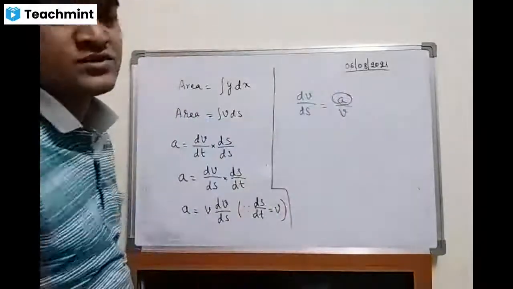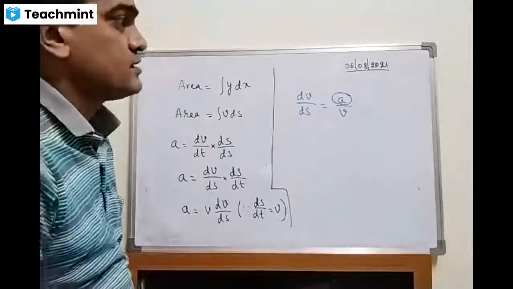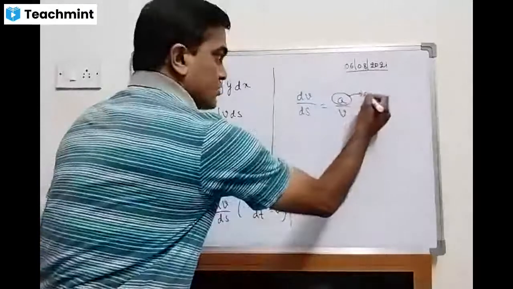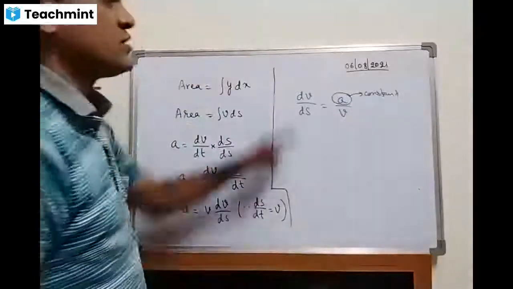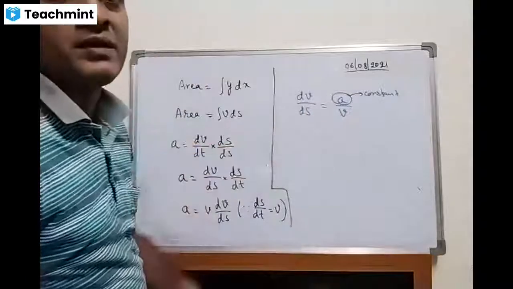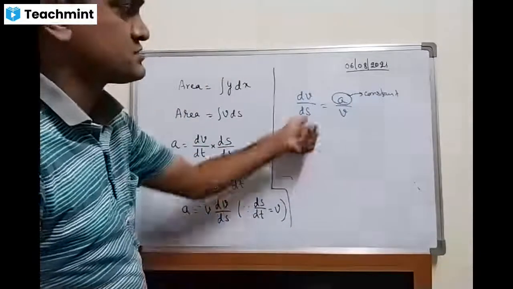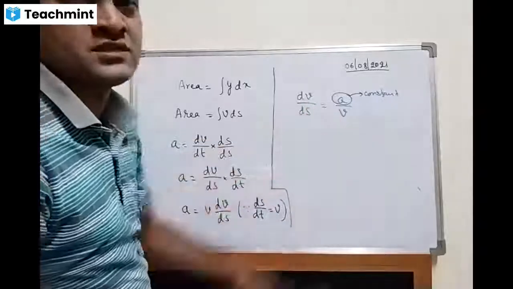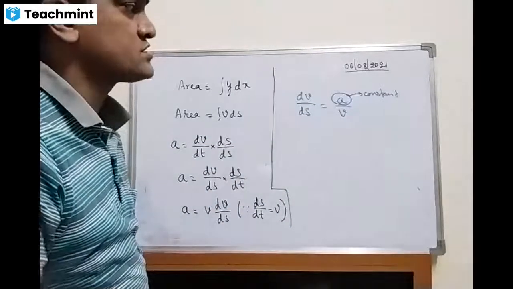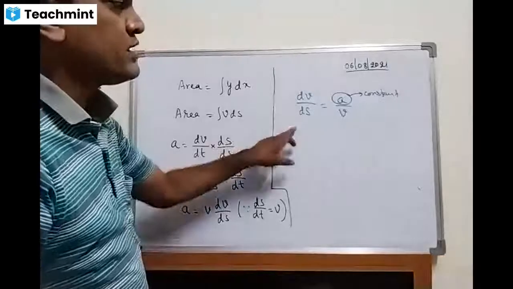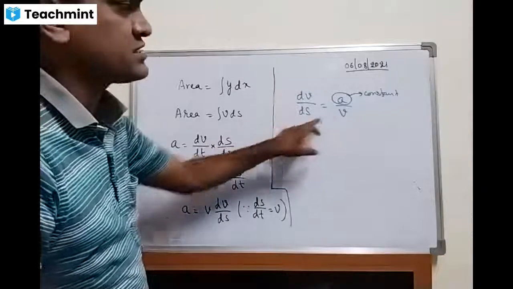Now, for example, let's say, suppose the acceleration of the particle is constant. Remember, slope I am getting as a by v. Slope, nothing but dv by ds, is nothing but a by v. Now, if a is constant, how is dv by ds related with v?